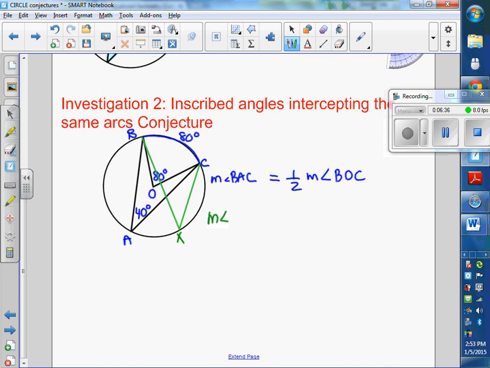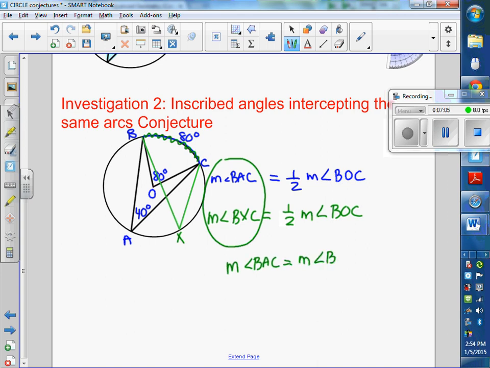Now, the measure of angle BXC would be equal to 1/2 of the measure of angle BOC, because BXC also intercepts this arc. Therefore, these two angles have to be the same. The measure of angle BAC has to be the same as the measure of angle BXC, because they intercept the same arc.